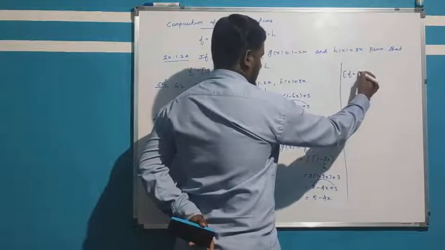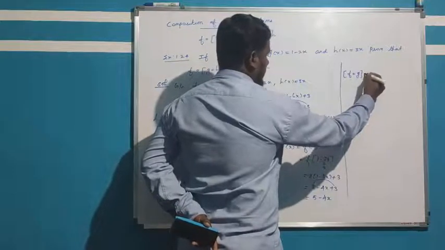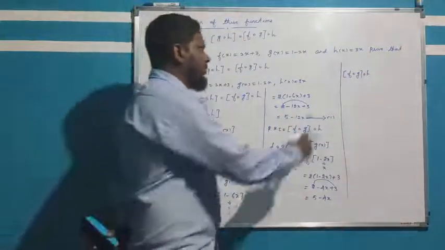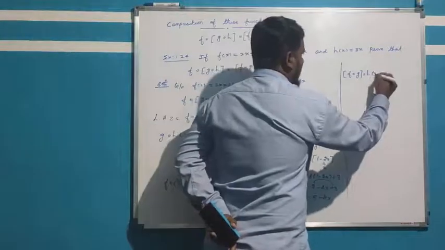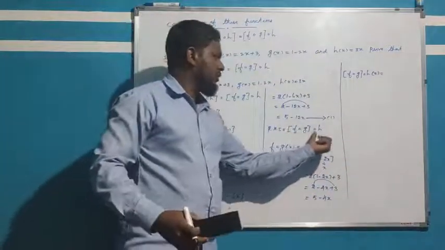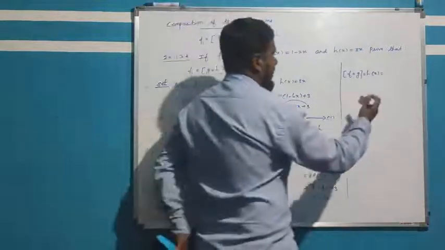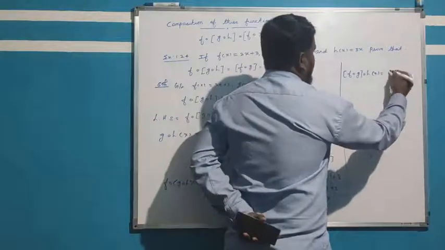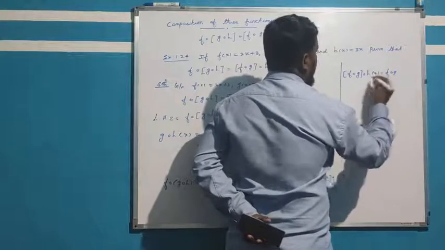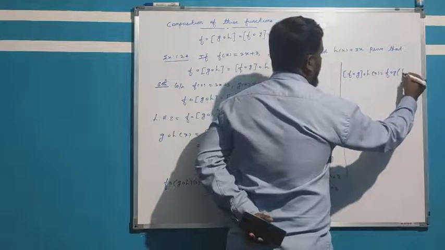Now (f composite g) composite h means (f composite g) composite h of x. The answer will come as (f composite g) of h of x. So what is h of x?